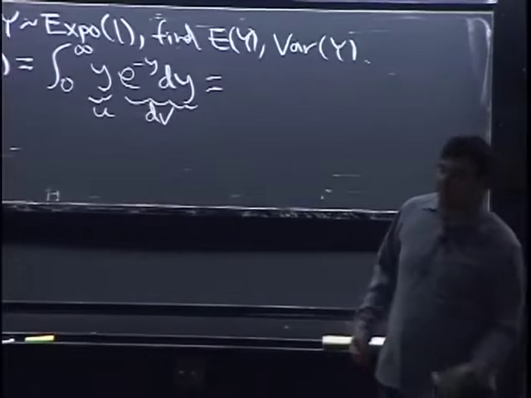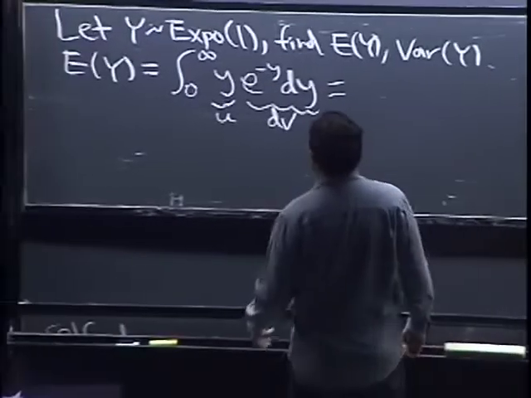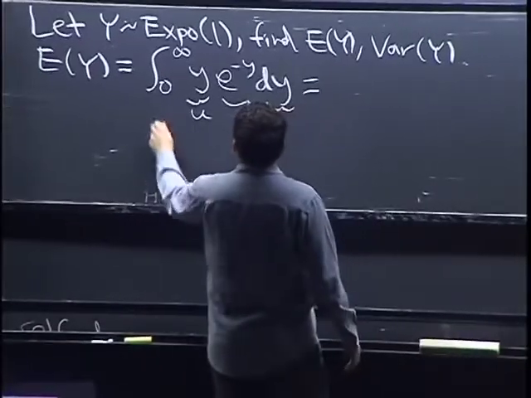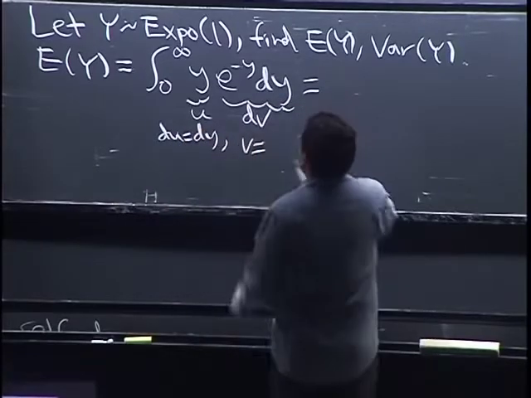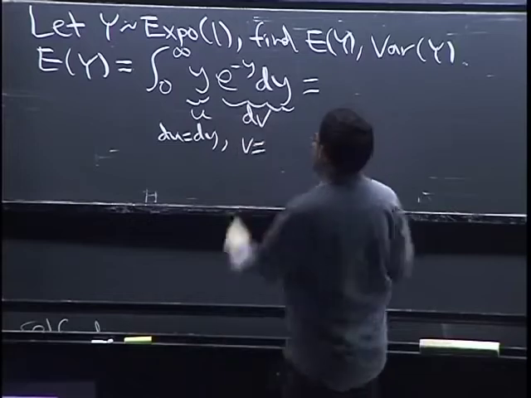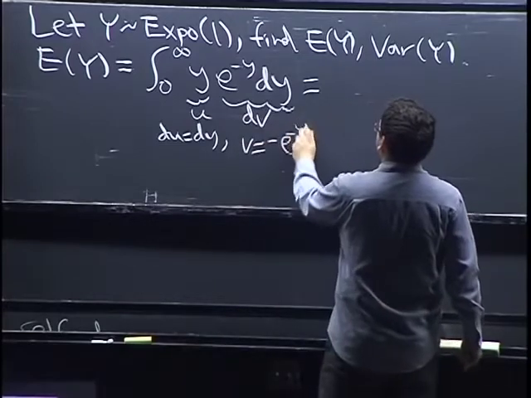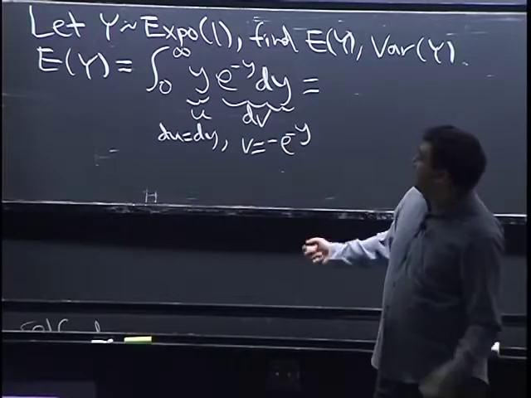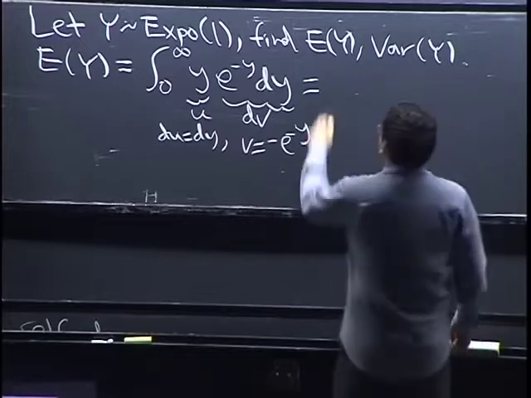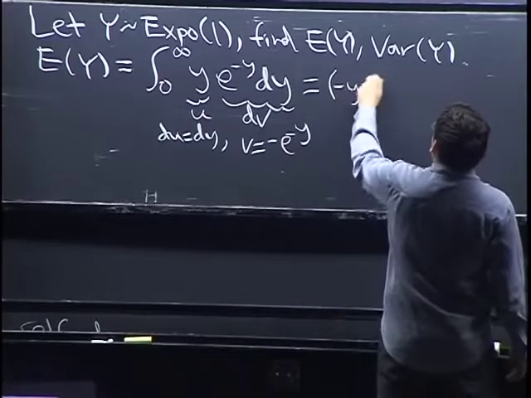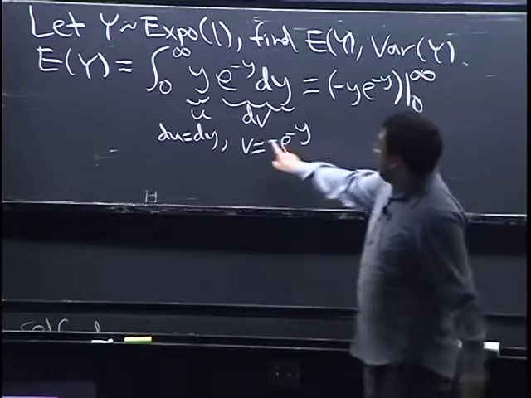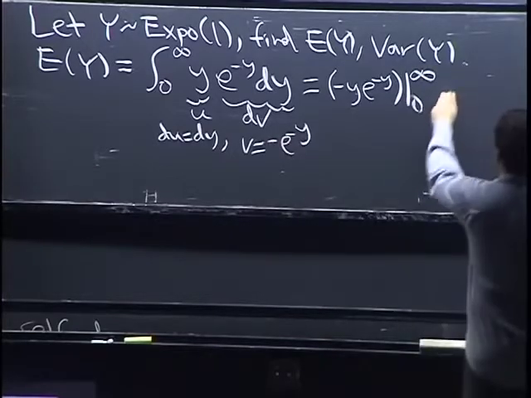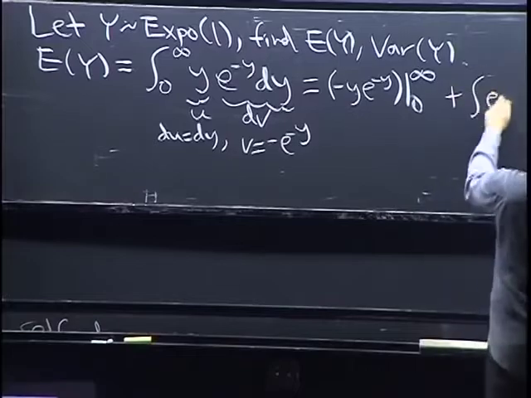Remember your integration by parts: uv minus the integral of v du. So du equals dy, and v equals, just integrate this, minus e to the minus y. Now I'm just going to do uv minus the integral of v du. So it's minus y e to the minus y, evaluated from 0 to infinity, minus a negative, so plus the integral of e to the minus y dy.